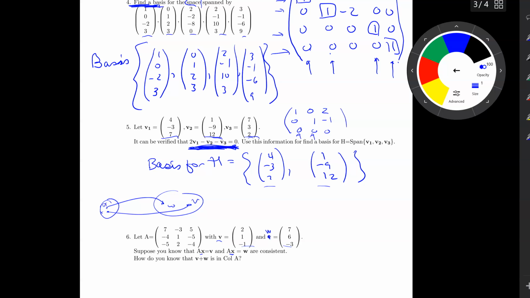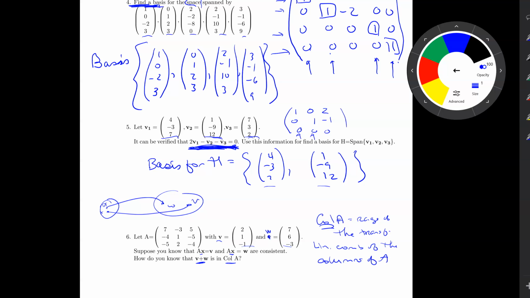Okay, so do I know that V plus W is in Col A? Let's see, remember what we know about Col A. Col A is the range of the transformation, right? Col A is the linear combinations of the columns of A. And don't we know that Col A is a subspace?